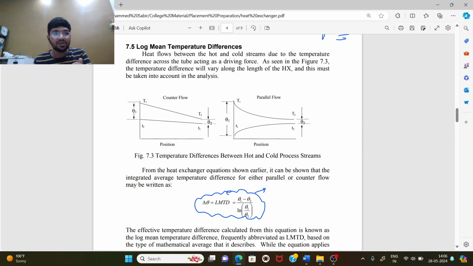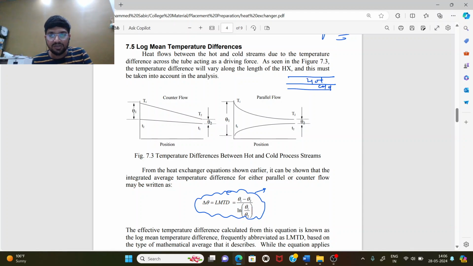I want to give you some flavor of how this expression comes about. What is the basic fundamental behind it? This is the hot fluid and this is the cold fluid.